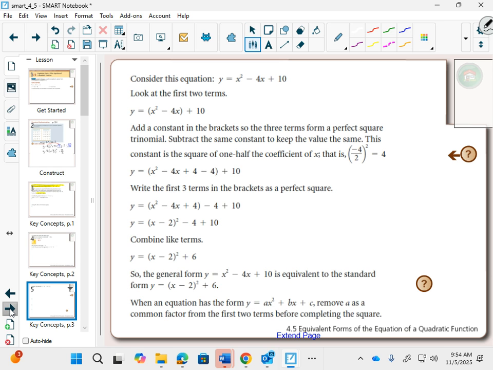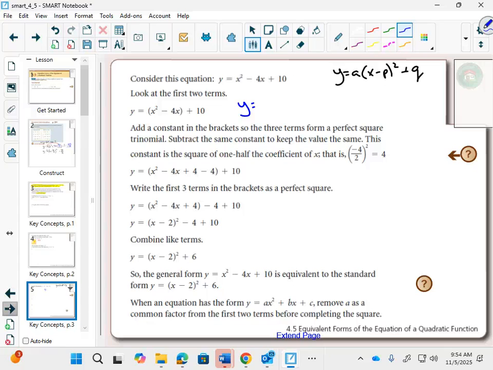you have y equals x squared minus 4x plus 10. This is going to be an easier completing the square. What do we want? We want this form. So first of all, do you notice that the A value is 1? The A value is the easiest thing to figure out.